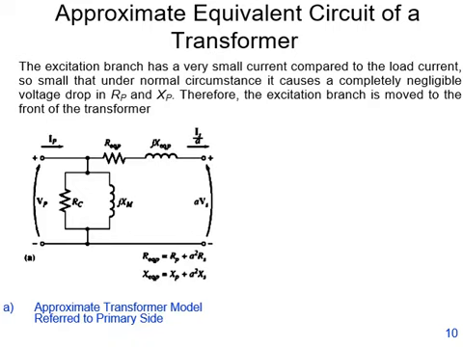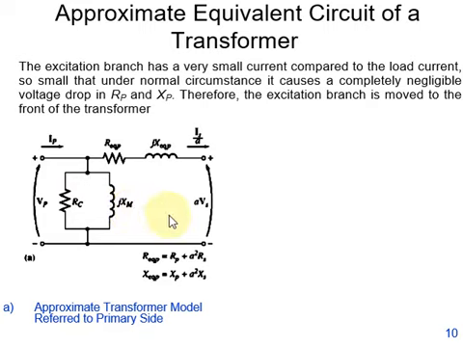But we know that the excitation branch has very small current compared to the load current which is over here. It is so small that under normal circumstances it causes a completely negligible voltage drop in Rp and Xp. So because it has a negligible effect, the excitation branch is moved to the front of the transformer, as you can see.